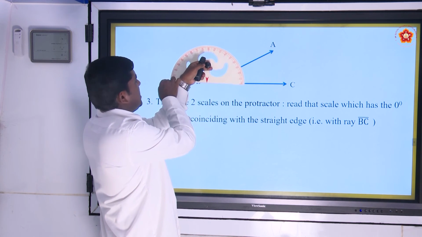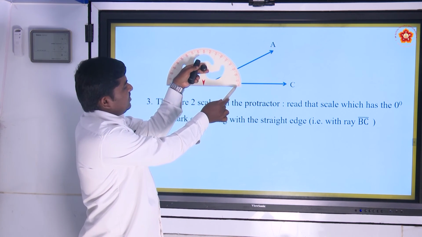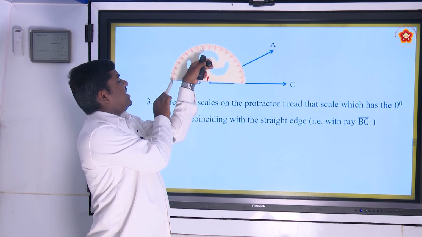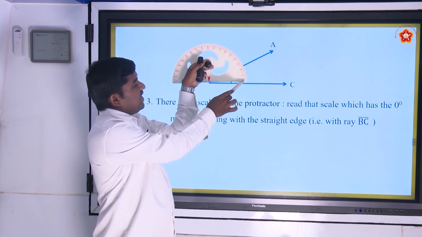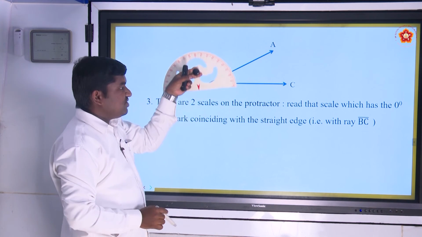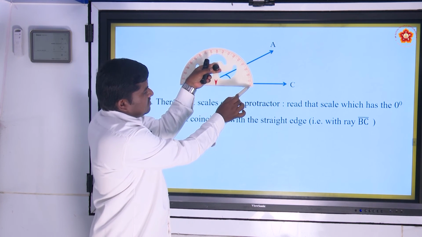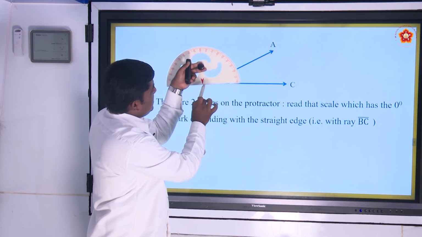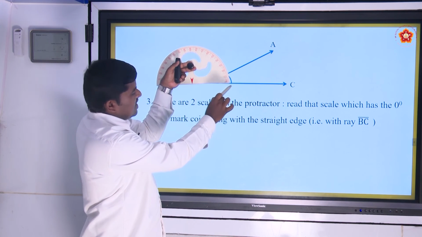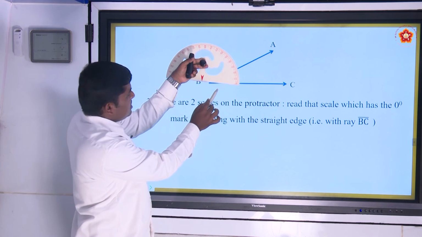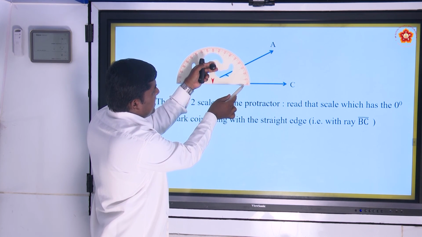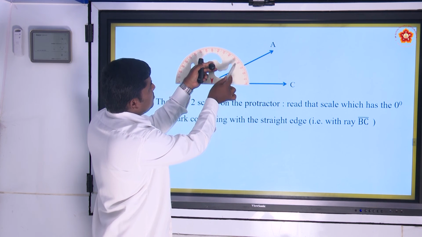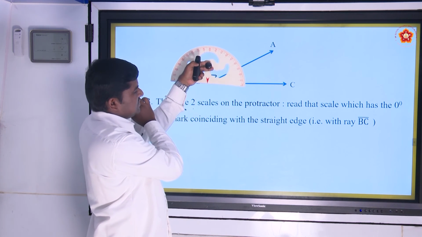This is 0 to 180 degree, but here also from 0 to 180 degree. But you should take the measurement from here because this straight line coincides with the straight line of the protractor. So we should take the reading from the right side, 0 to this, like this.